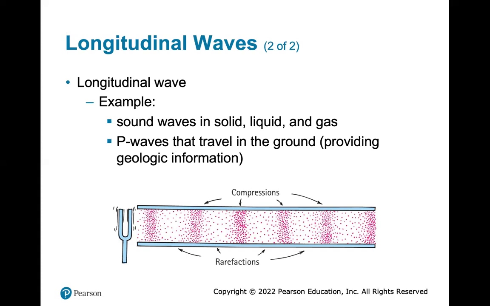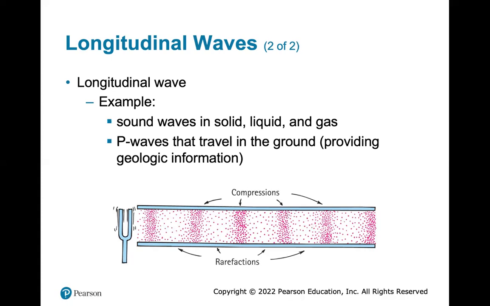What they're showing you here is a tuning fork, and these red dots are just the air molecules. You can see that when the tuning fork moves forward, it compresses these molecules. When it moves away, they're spaced a little more, so you have compression, rarefaction, compression, rarefaction, and it just continues down the tube.